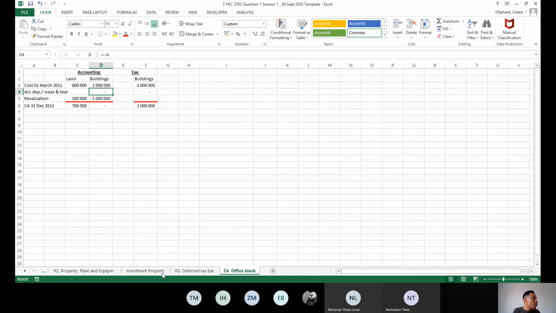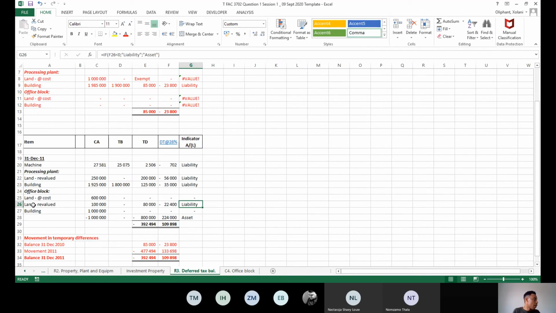Fine. So I do have what the cost of the building was. The building cost me 1 million. The same principle applies: from zero to cost, there are no deferred tax implications that we need to account for. But as soon as we move above cost, we then need to take the deferred tax implication. So building, revalued amount.